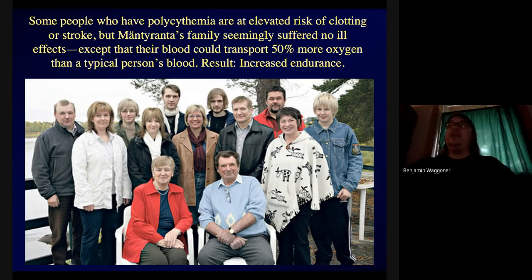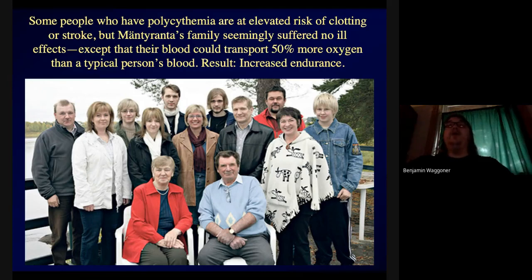This is illegal, by the way. This will get you kicked off the team if you're caught. But his body did that all the time. He just naturally had a bit less than double the amount of red blood cells you'd find in a normal person with none of the side effects.